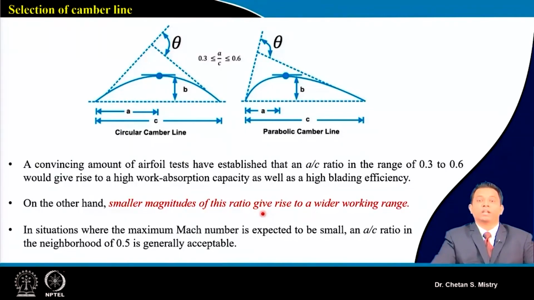So you can understand that the selection of the ratio A by C is very important. Now in the situation where your maximum expected Mach number is small, this A by C ratio you can take as 0.5. This is what is given in open literature, and many times we follow it, and as per our requirement, as I told, we need to change that.